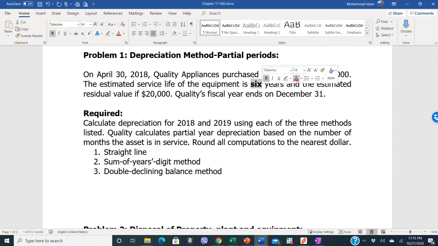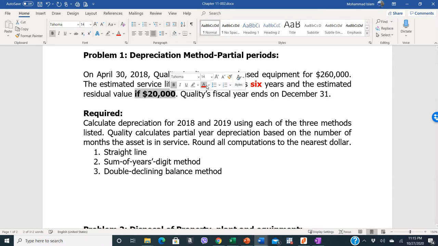This one is important. And the estimated residual value would be 20,000. This one is also important. The company's fiscal year ends on December 31st. That's fine. Calculate depreciation for 2018 and 2019 using each of the three methods listed: straight line, sum of the years' digits, and double declining balance method.